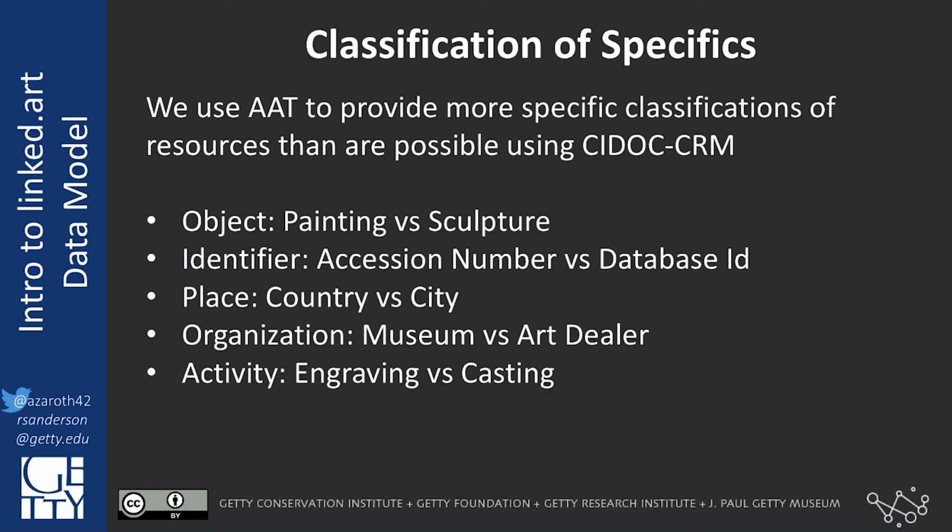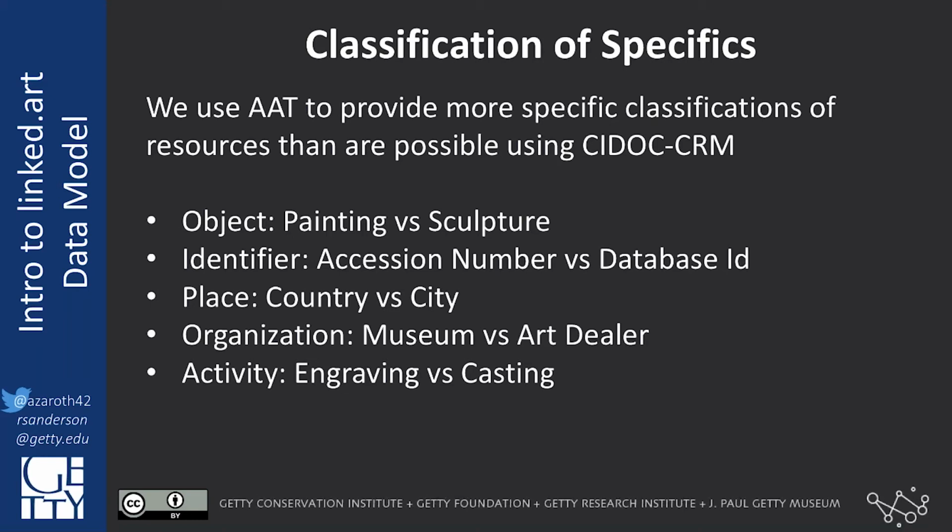And so what we've learned is that we are using the AAT to say, rather than create a new type of thing for every possible type of name, or every type of organization, or every type of activity, or every role someone could play, we say, in the CIDOC CRM, we will choose a generic thing. And for names, CIDOC CRM calls them appellations. And then it will say, this appellation is of the type, this AAT term.